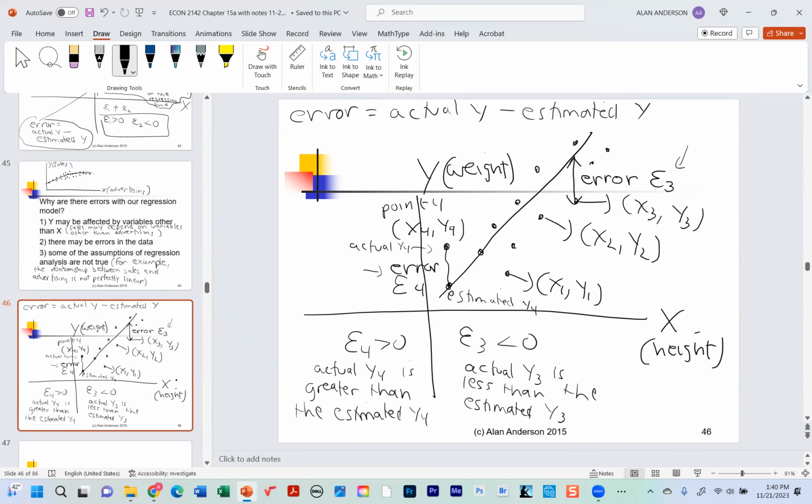Ooh, that's a big difference. Then for point 3, way up in the top, same thing. This time, the actual is down here somewhere. The estimated is up here, and therefore the error is negative. Okay. So as long as, again, they're averaging out to zero, there's no problem here.